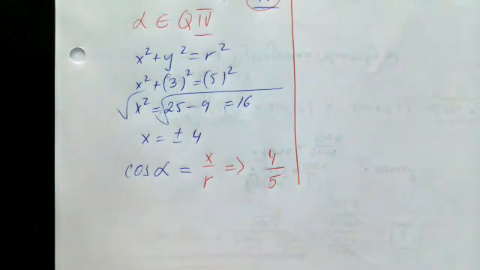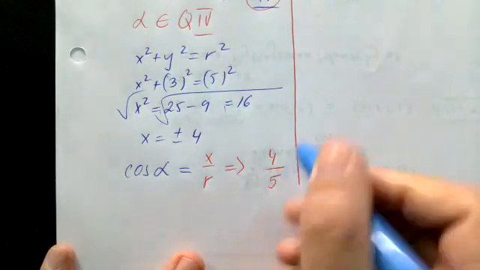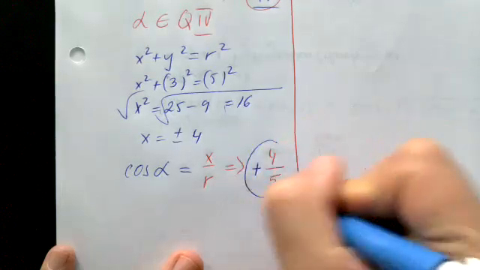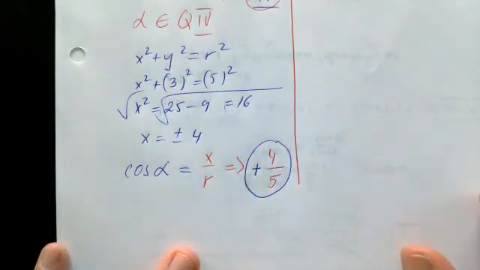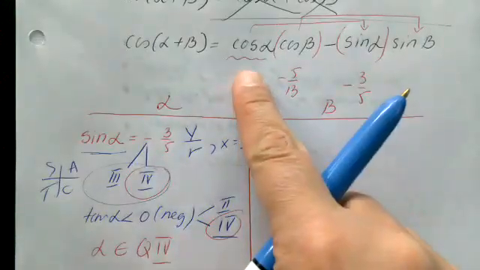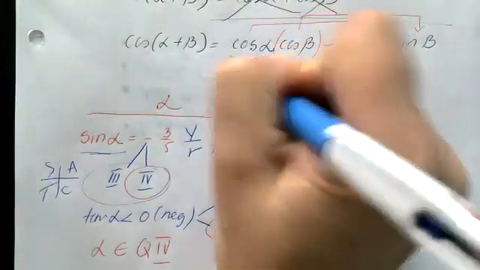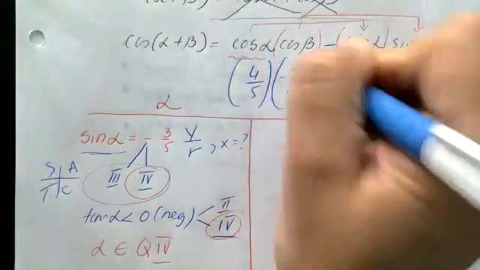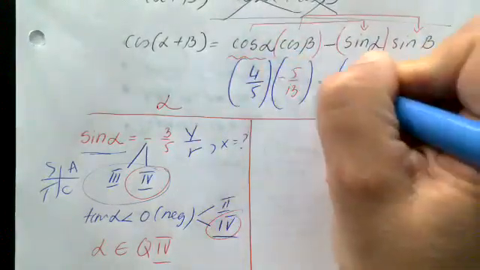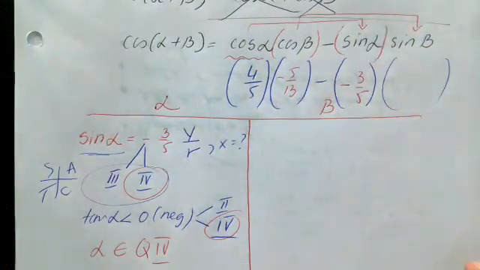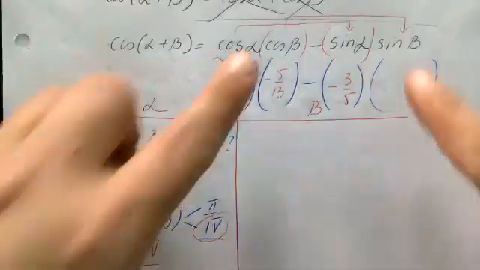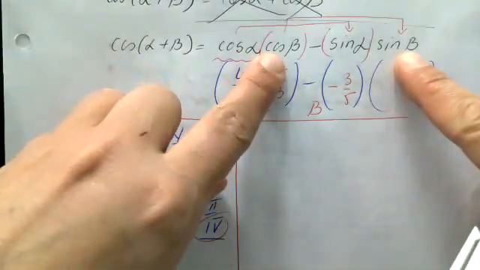And in quadrant 4, cosine values are positive. So that's going to be the one used in here. Cosine of alpha, right? So 4/5 found. This was given. This is given. Now I have one more to find. Now these two are together, right?